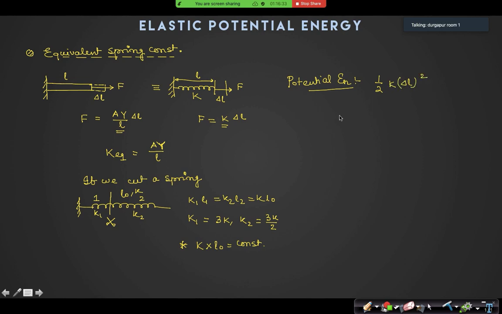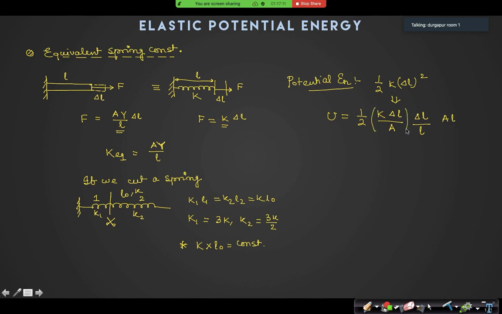If I replace it, it is half into k delta L by A, into k delta L, into delta L by L, into A into L. Can I modify this equation like this?